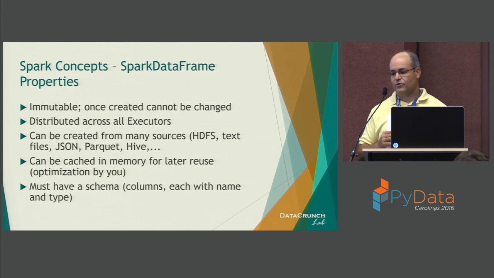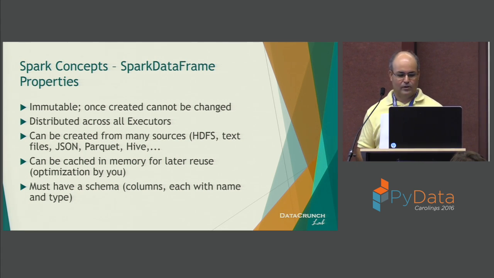Data frames must have a schema, which implies that they have to have a name associated with each column and a type for each one of the elements in that column.